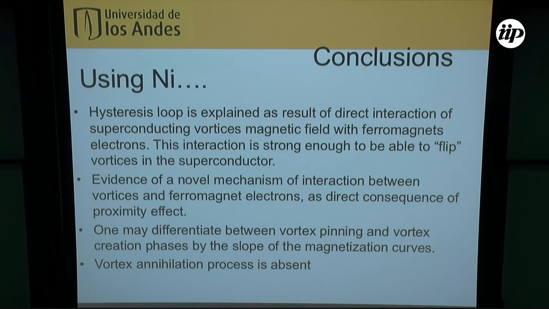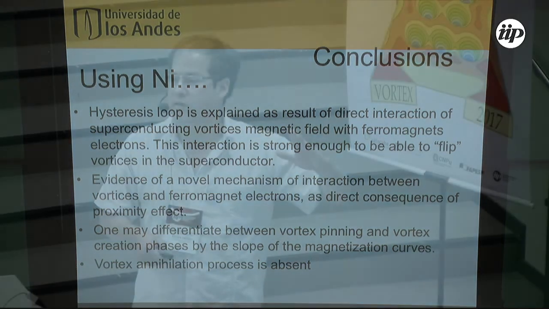Next, there is evidence of a novel mechanism of interaction between vortices and the ferromagnetic electrons. That is, this interaction is a consequence of the proximity effect. That's very important. It's not stray fields, it's due to the proximity effect. One way to differentiate between vortex spinning and vortex creation phases, okay, I didn't mention this in much detail, is to look at the slope of the hysteresis loops, and then you can differentiate whether there is also vortex flipping or not.